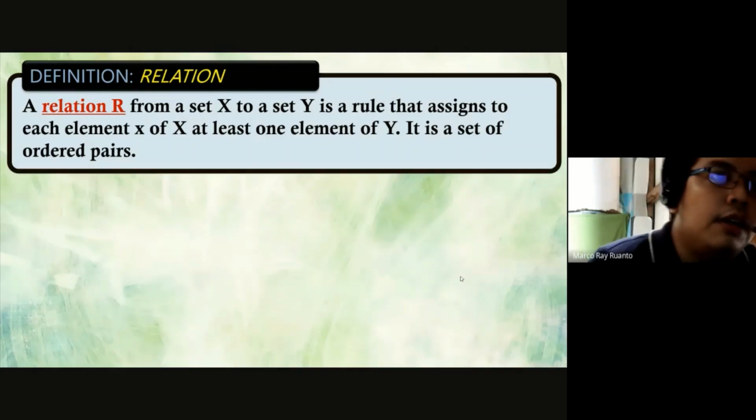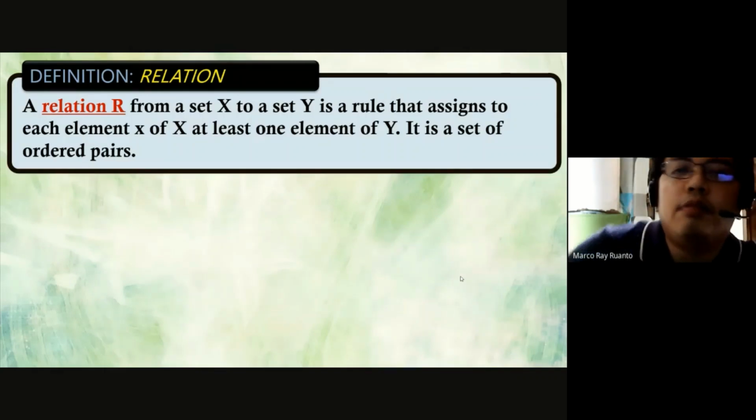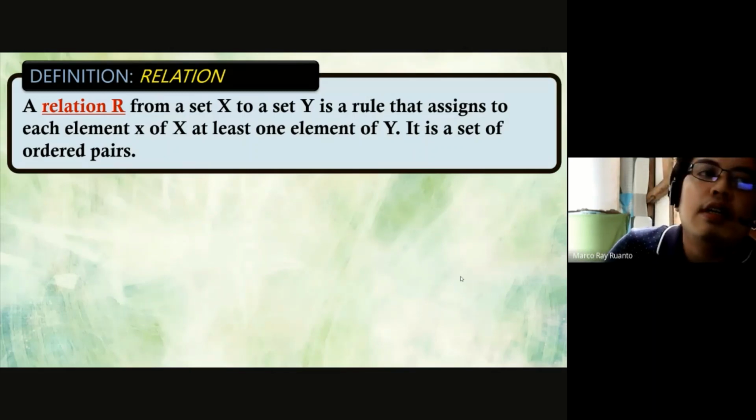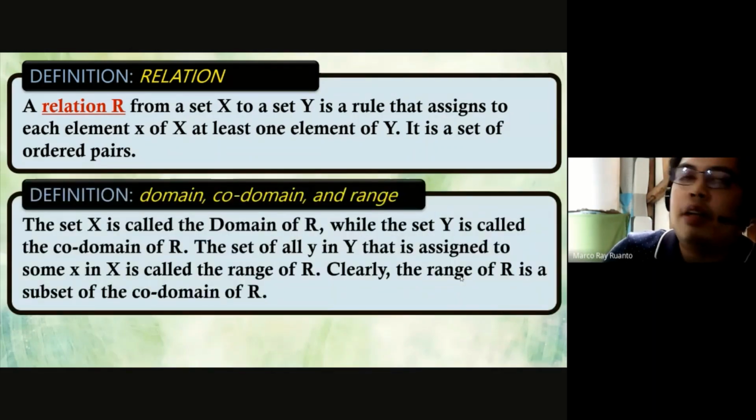Now, since we talk about relation, there are some parts of the relation. We can say the set X, the first ordered pair, we call that the domain of the relation. While the set Y, all possible values for Y, is called the codomain.